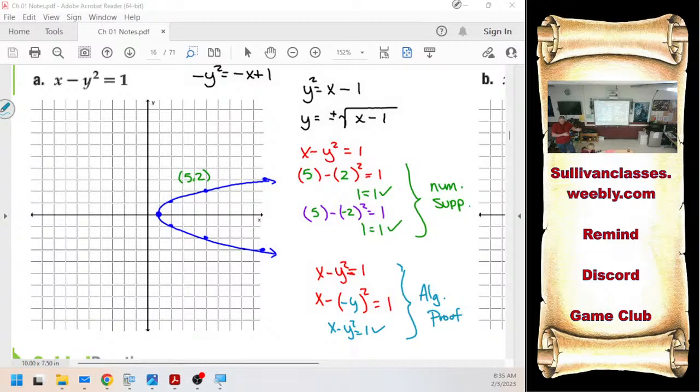Suppose that blah, blah, blah. It's a whole paragraph. You remember paragraph proofs? Okay, you do the whole paragraph proof, and then down at the end, you would say, by definition of symmetry, this relation is symmetric to the x-axis. We ain't going to go all that far. You're just going to write that and call it good. Okay?